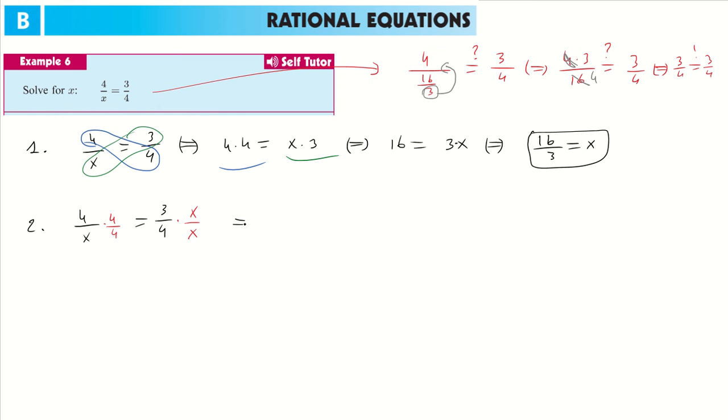So I get on the left-hand side 4 times 4, which is 16 over 4x, and on the right-hand side 3x over 4x. So the 16 should be equal to the 3x. So the x is equal to, when I move the 3 to the right hand side, 16 over 3 to the left hand side. Okay.